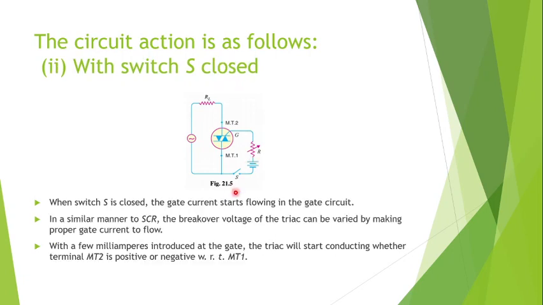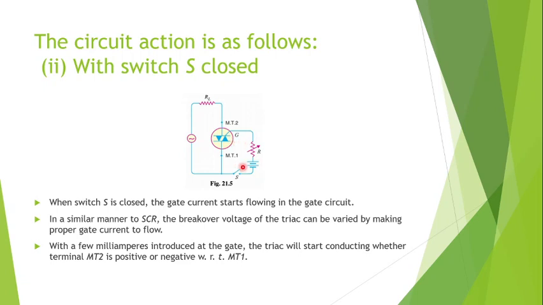So what happens when we close the switch S, the functioning of the TRIAC? When the switch S is closed, gate current starts flowing into the gate circuit. As in the case of SCR, the TRIAC will start conducting with the proper gate current.